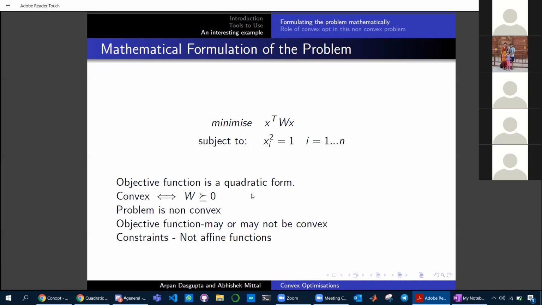If you take the Hessian of x transpose W x, we actually get 2W. So we can say that only if W is positive semi-definite will our objective function be convex. But that depends on the properties of W, which we do not know. So for now, I'm going to assume that it is non-convex and treat the entire objective function in terms of non-convexity. Now let's talk about the constraint functions.